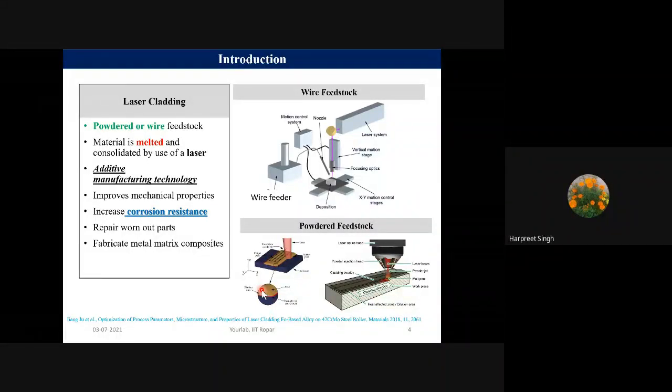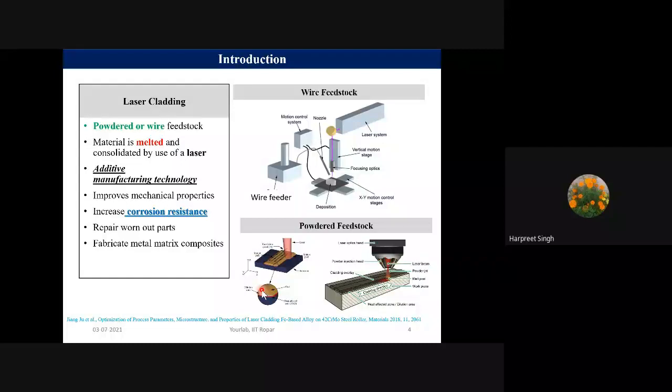Let me give you one more thought here: both these technologies, laser cladding as well as cold spray technology, which we have used here, can be used as additive manufacturing technologies.